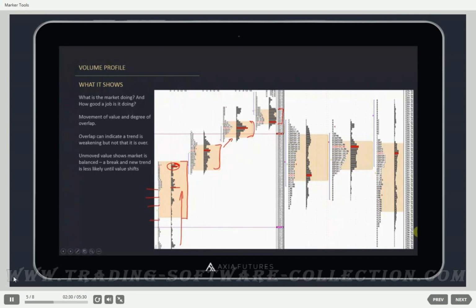Now, what is showing that this market is perhaps losing such a good job of what it's doing? Once again, you've got people very late on, the close is right at the high of the day. And this is indicating, once again, an over-enthusiasm late on, generally weaker hands driving the market higher last thing. And what we see here the next day is we do start coming back on ourselves a little bit.